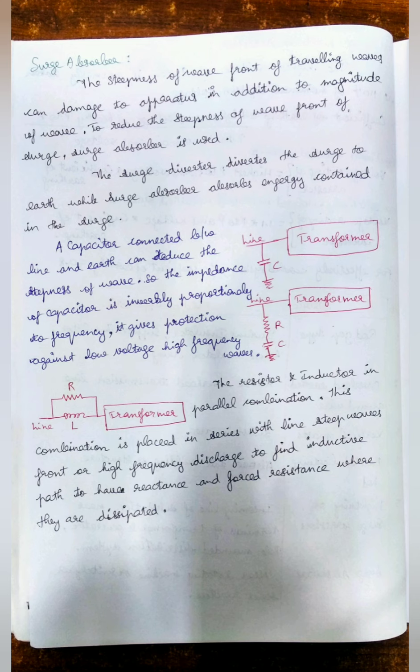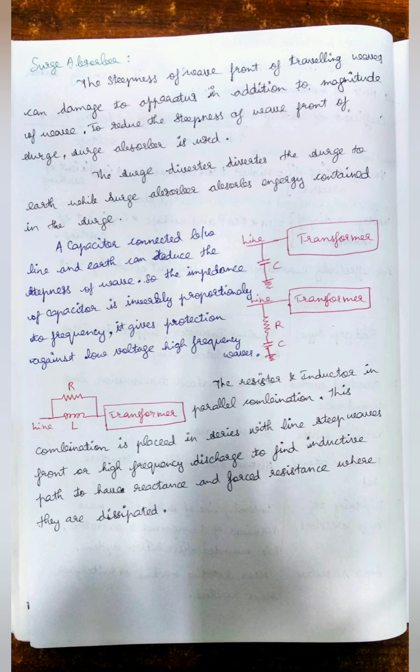So the LA, or the arrester which we are using, should have a time period for conducting. Now the surge absorber: normally the diverter diverts the surges to earth, but the absorber absorbs the energy contained in the surges. The steepness of the wave front of travelling waves can damage the apparatus in addition to the magnitude of the waves.